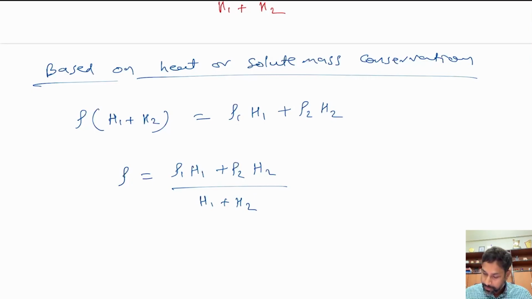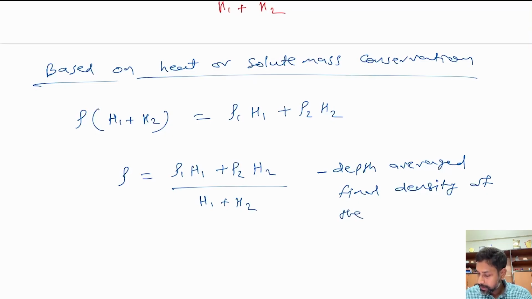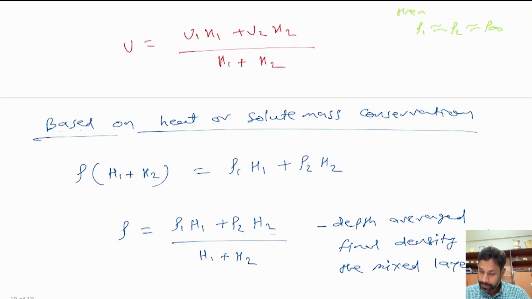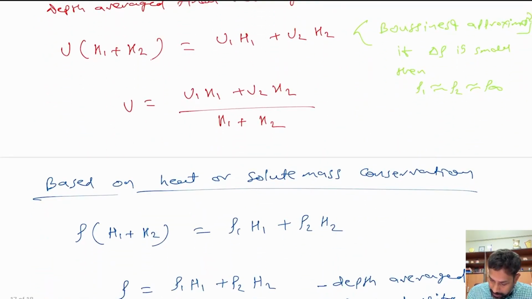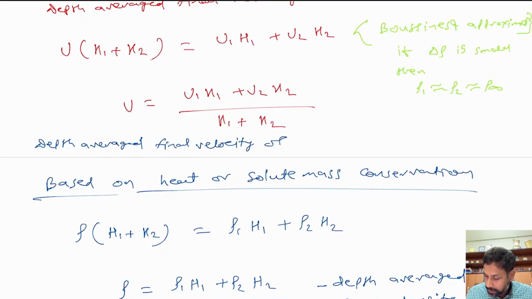Okay, so this is the depth average final density of the mixed layer, whereas the velocity is the depth average final velocity of the mixed layer.